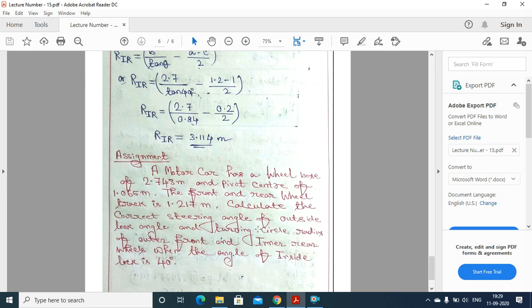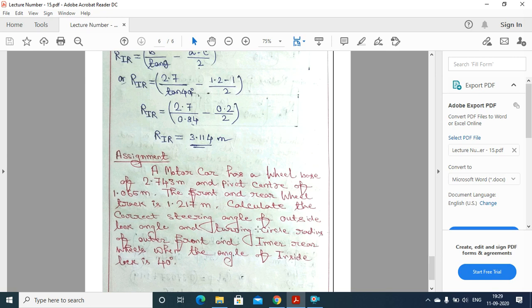We have to calculate the correct steering angle of outside lock angle and the turning circle radius of front outer and rear inner wheel when the angle of inside lock is 40 degree.